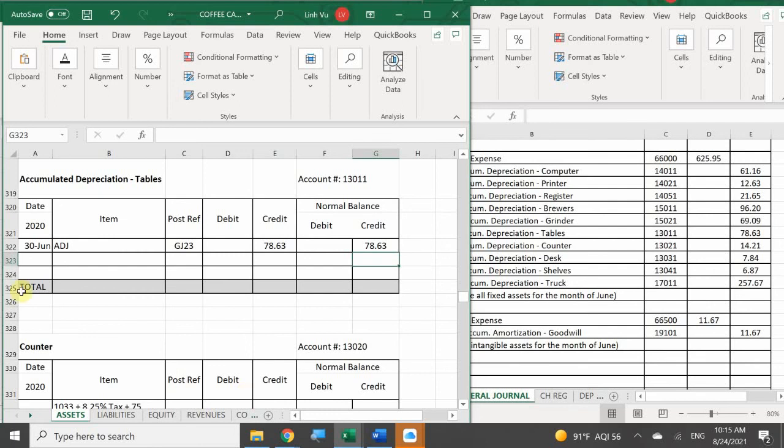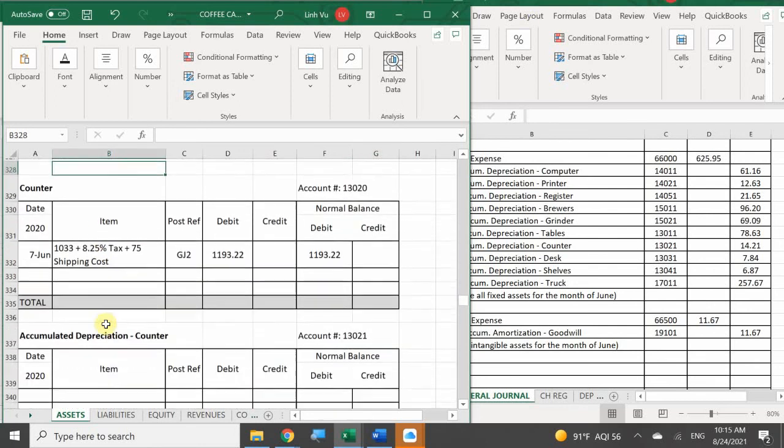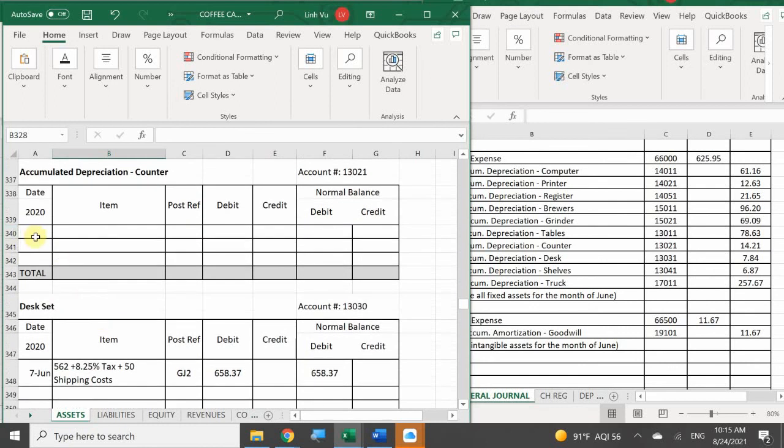Okay. Then we have the counter. The counter was $14.21.